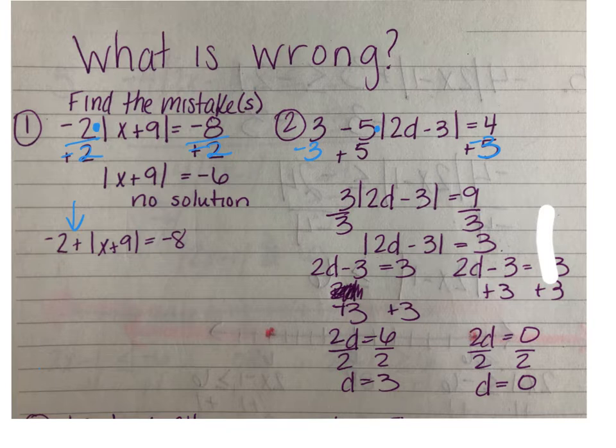The other mistake I'm seeing, if I have 3 minus 5, is people combining these two to make that a -2, and that's not correct either. I can't combine the 3 and -5 because that's -5 times that absolute value. And I can't distribute over absolute value bars either. So I need to undo the operations by subtracting the 3 and then dividing by the -5.